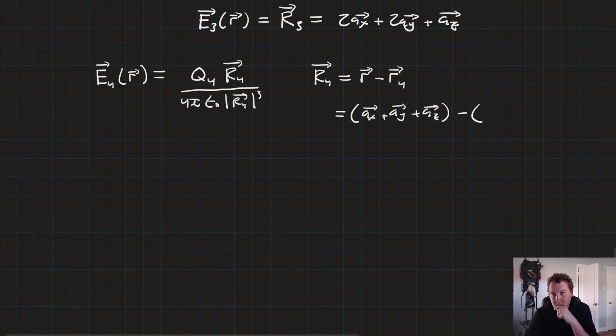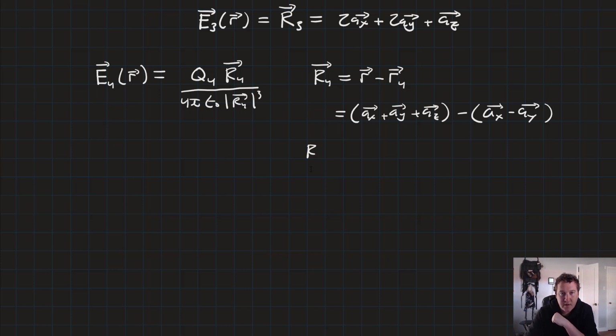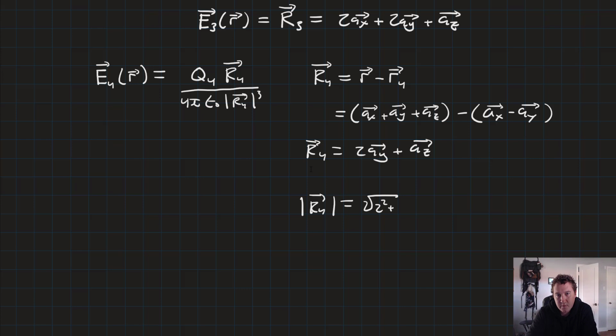So that's ax minus ay. So that leaves us with R4 equal to 2ay plus az. And so the magnitude of R4 is going to be equal to the square root of 2 squared plus 1 squared, which is the square root of 5.